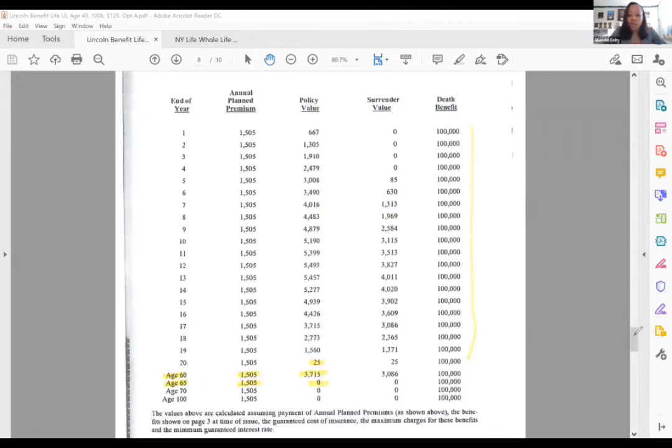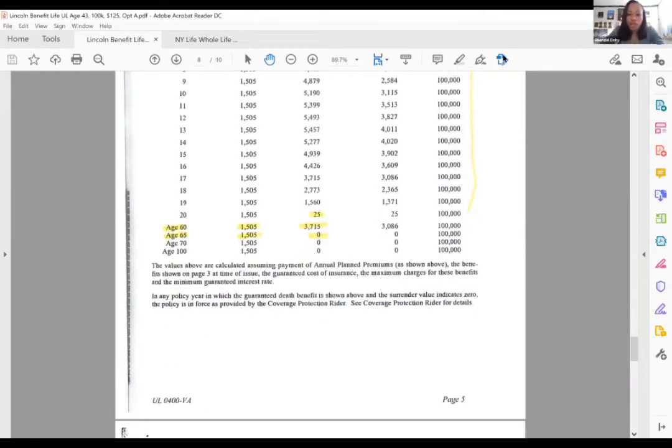But here's the critical part, guys. When you scroll down here, right in the chart, sorry, I'm trying to see the questions. When you show right in the chart here, you see by age, where is it? You see the value of the policy is going up all the way until year 13. Okay, after year 13, the value of the policy starts to decrease because the cost of insurance is getting too high.